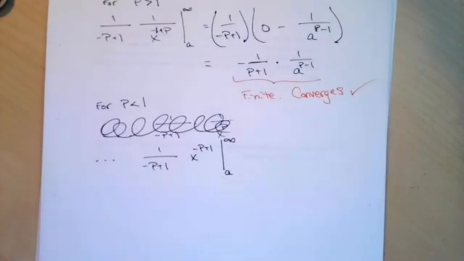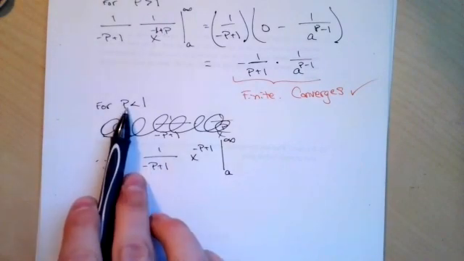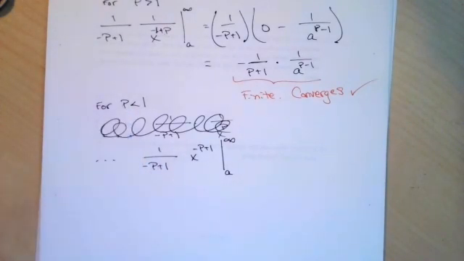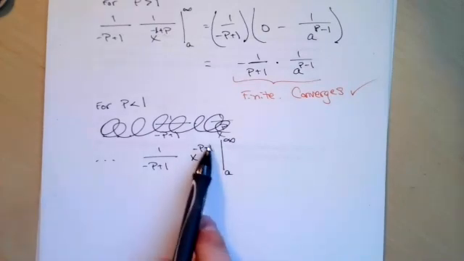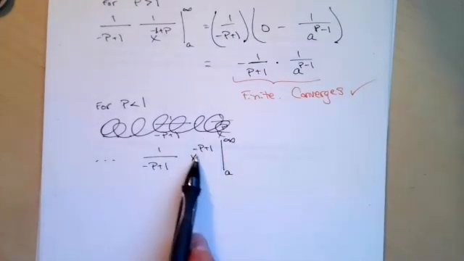In this case, let's keep x in the numerator. Why? Because p is strictly less than 1. So p could be a fraction, like x to the 1/2 or x to the 1/3, somewhere between 0 and 1. And of course, negative p plus 1 then means that this exponent is positive.